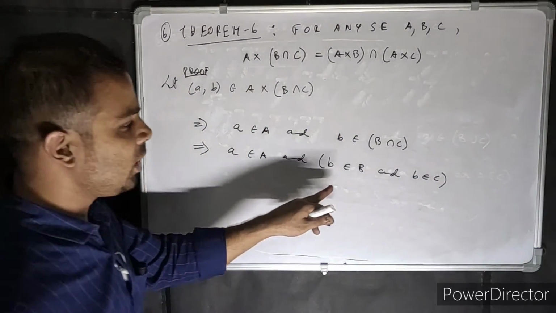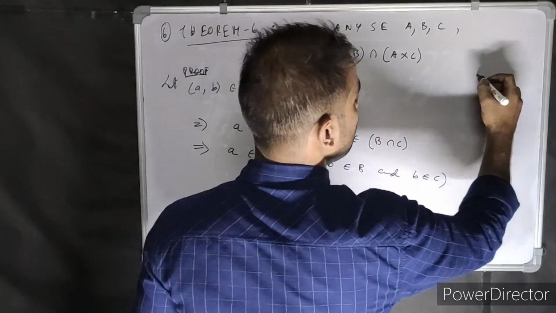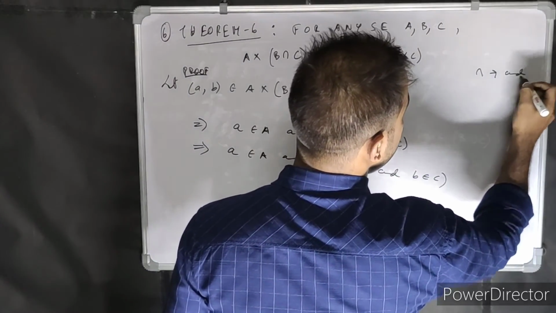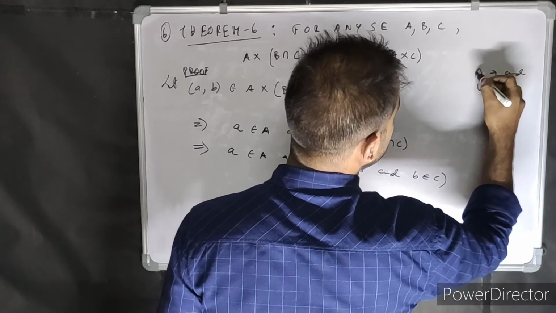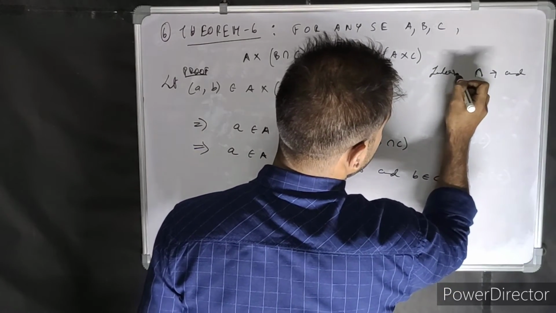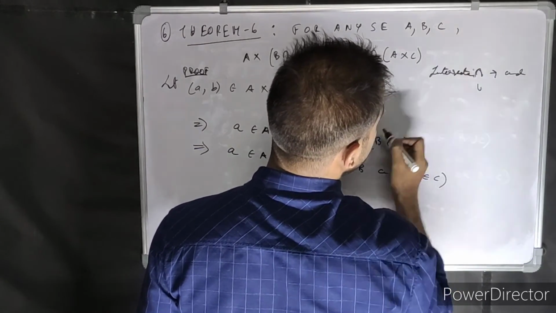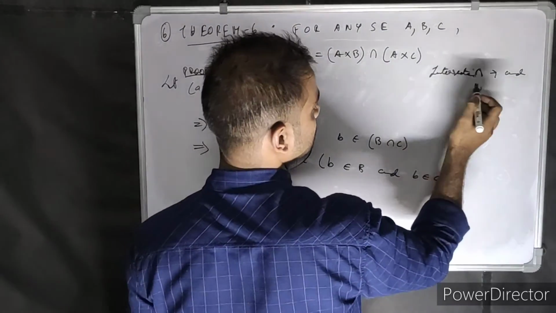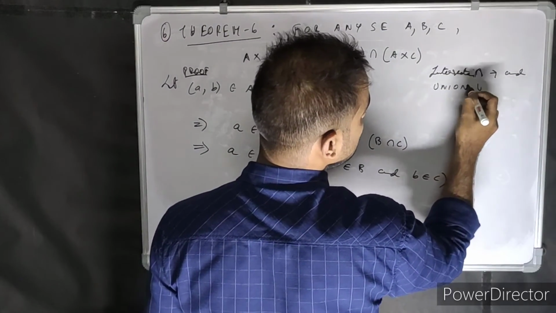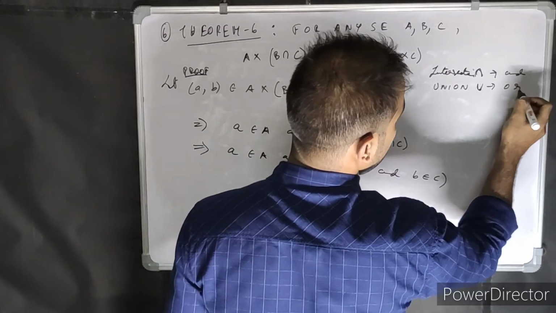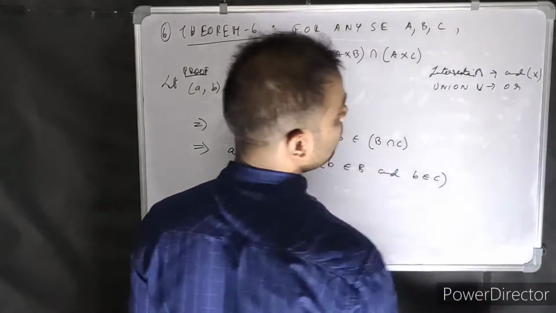Correct? Look very carefully. The intersection changes to and, and union changes to or, and also the multiplication, the cross, changes over here to the and.